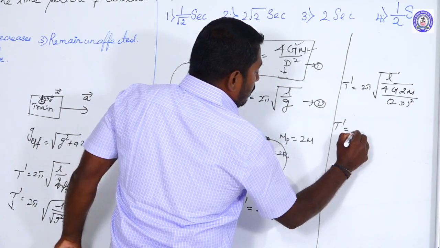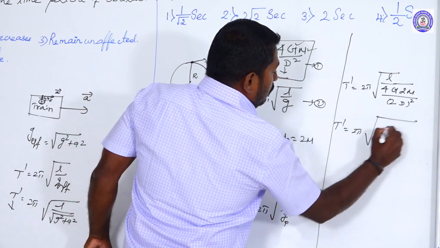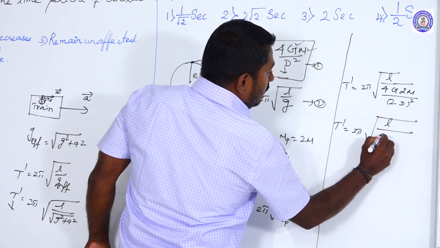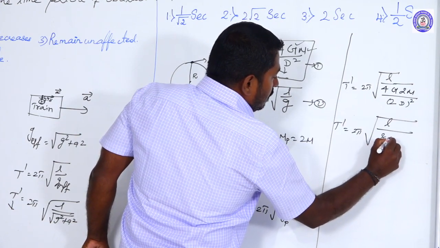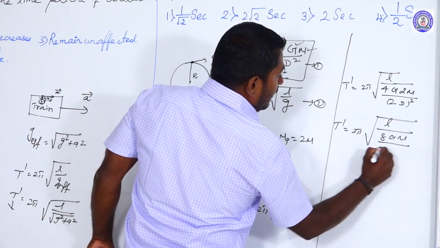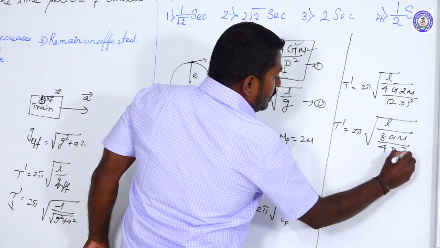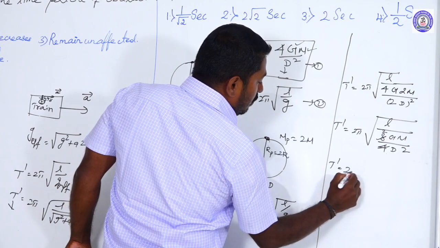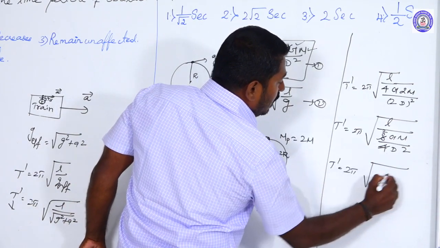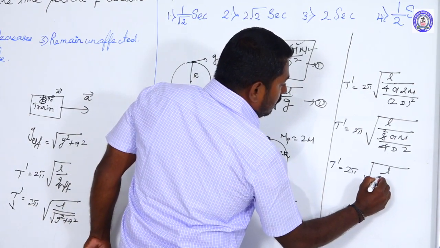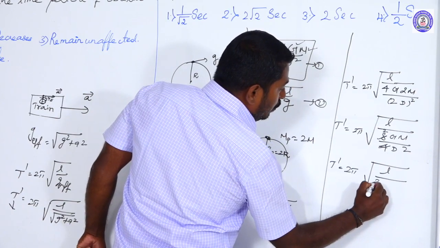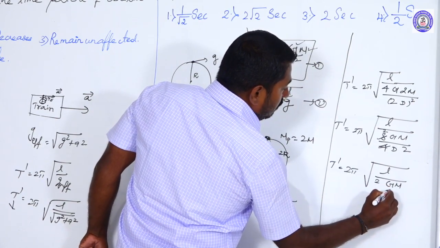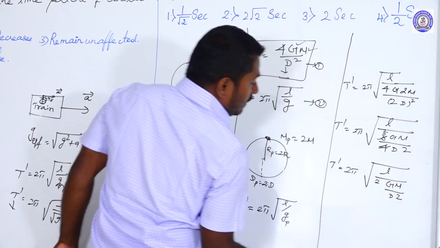Then T prime is equal to 2 pi square root of L divided by 2GM divided by 4d square. So T prime is equal to 2 pi square root of L divided by 2GM divided by d square.